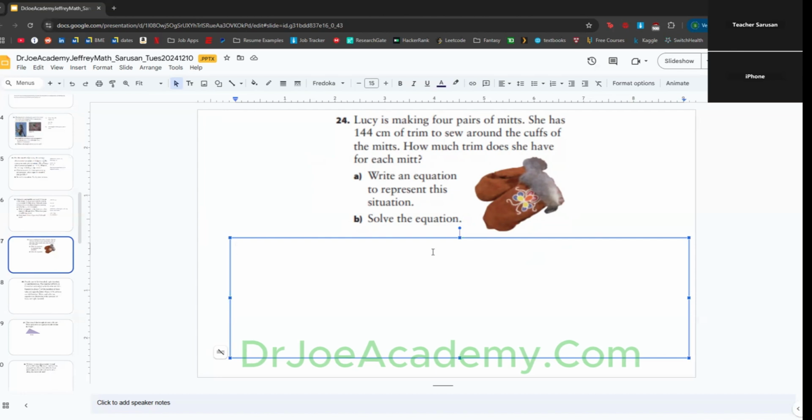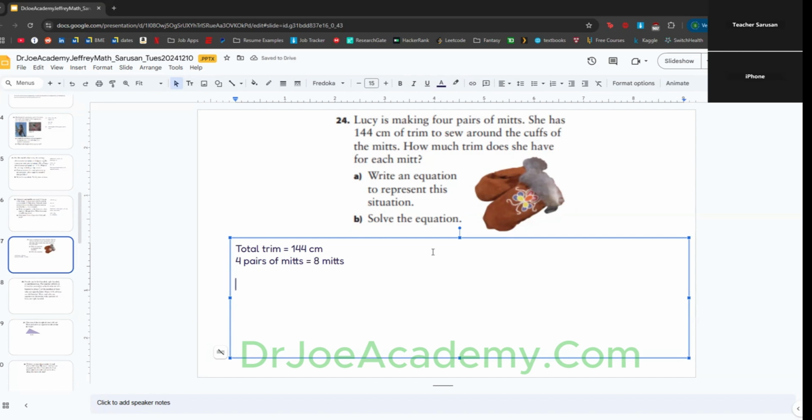Yeah, pretty much. So she's making 4 pairs of mitts, 144 total trim. Okay, so total trim equals 144. She has 4 pairs of mitts. So this is actually going to be 8 mitts. So it looks like we're going to have to divide by 8 instead.